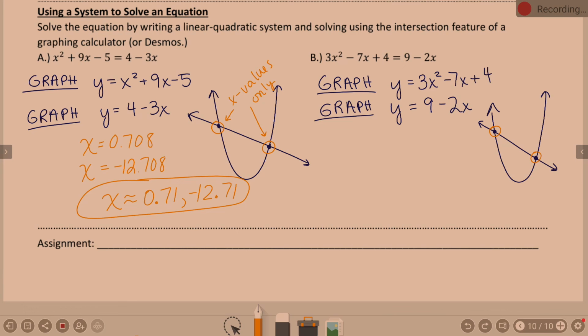Are you guys doing that on Desmos? Or did you already do it, one of the two? Your x values match my x values when you're ready to look.